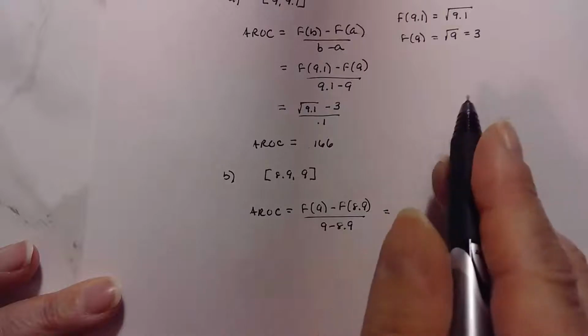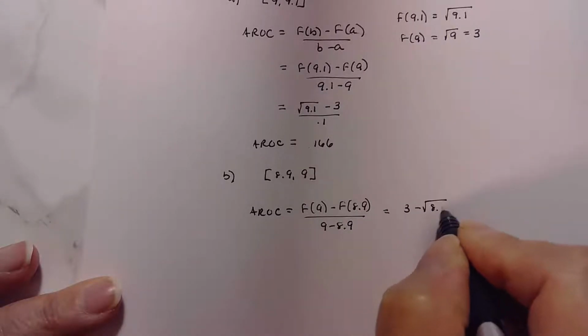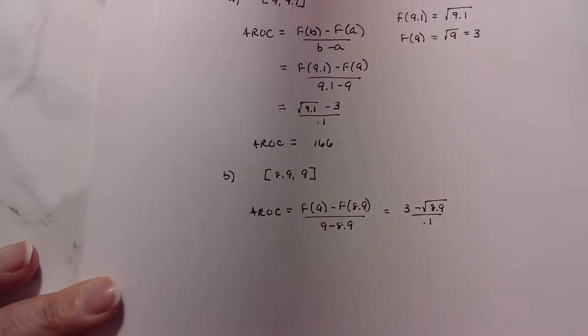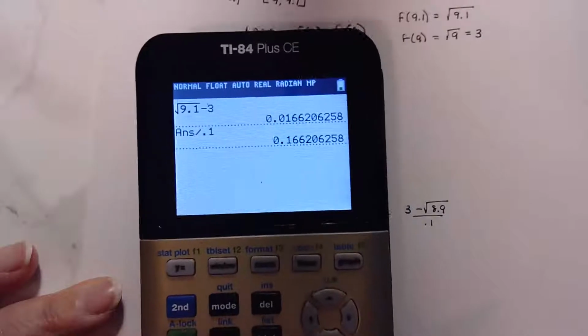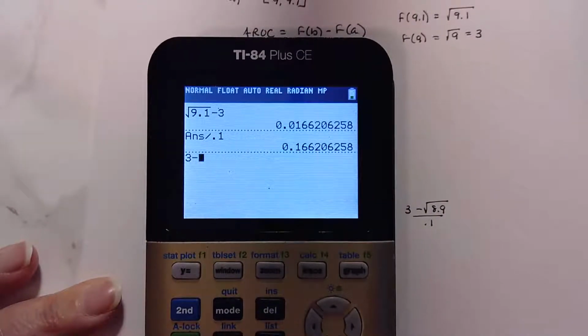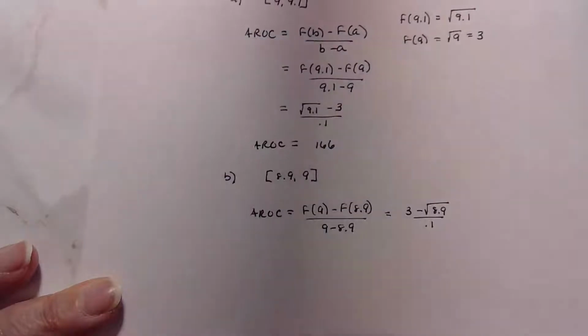Well, we know f of 9 from the previous one is 3, minus root 8.9 over 0.1. And again, if we put that into our calculator, 3 minus root 8.9, hit the equal key, and then divide by 0.1, we get 0.167. Okay?